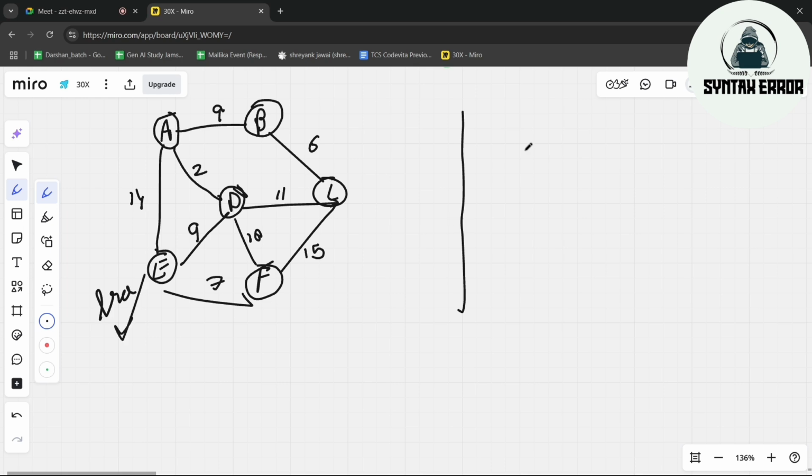So our source is E, and let's write all the remaining nodes: A, B, C, D, E, F. Okay, so let's start. Our E is there, and initially we will put all the distances as infinite.